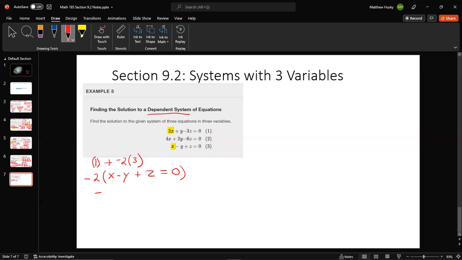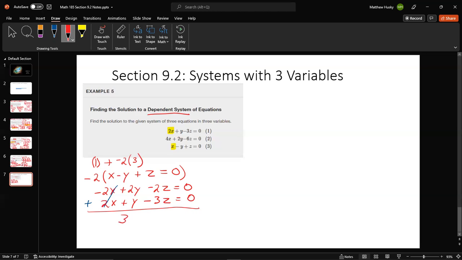Everything gets multiplied by negative 2, so negative 2x plus 2y minus 2z, that will equal 0. Equation number 1 is 2x plus y minus 3z equals 0. That will cancel out. We're going to add these up.